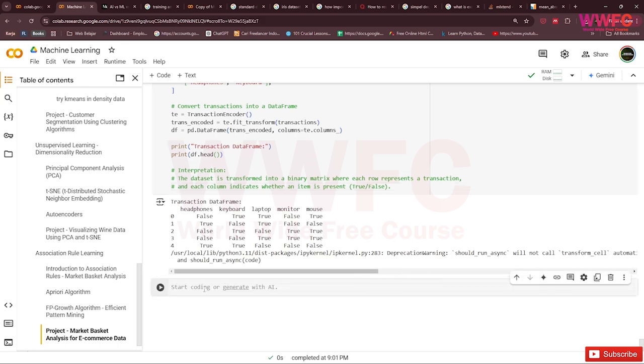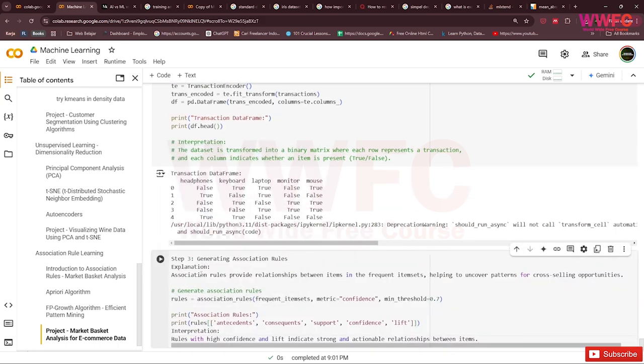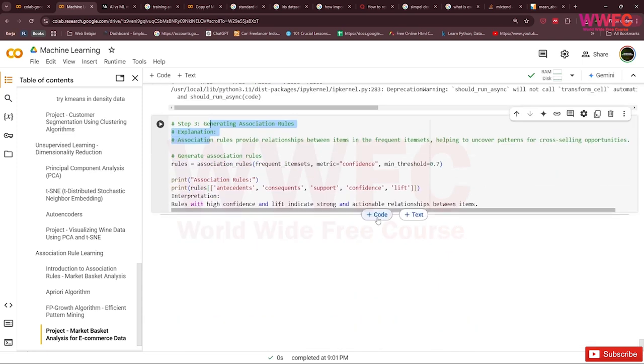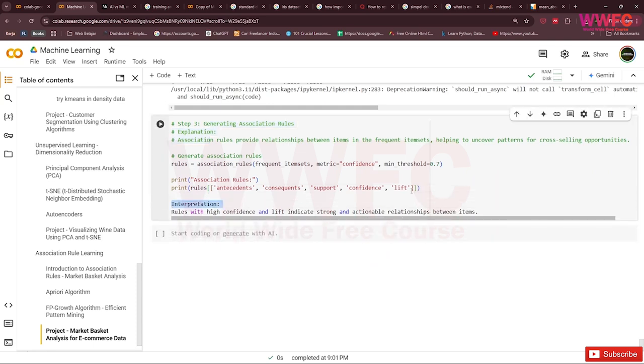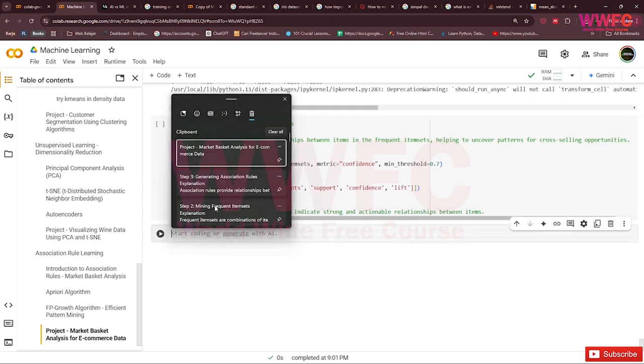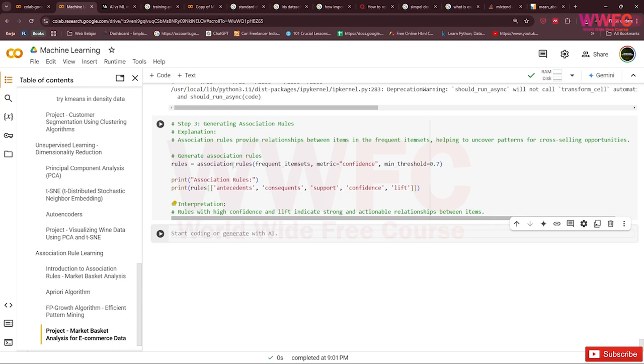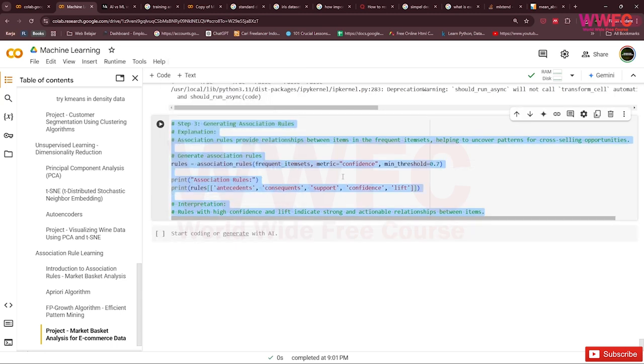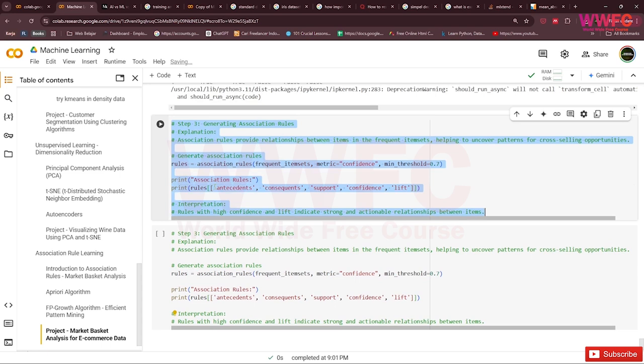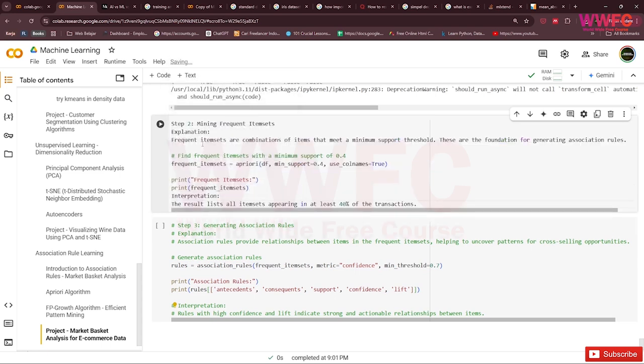And then we want to go to the association rules. Actually, this is step 2 and this is step 3: mining frequent item sets and the interpretation.